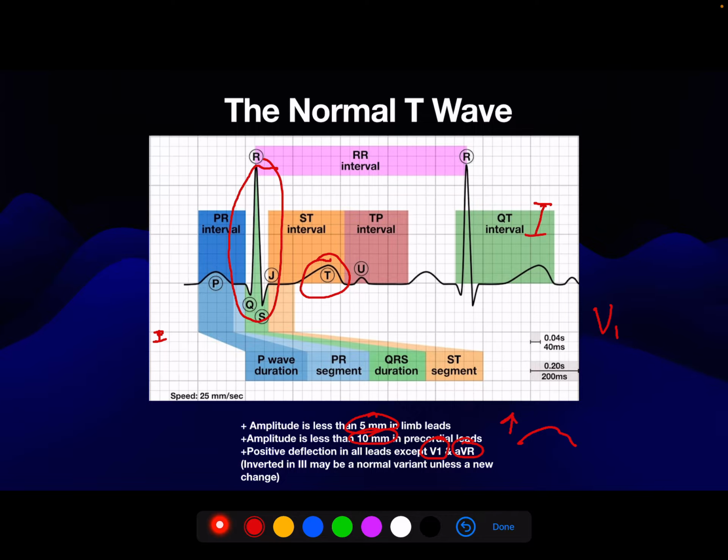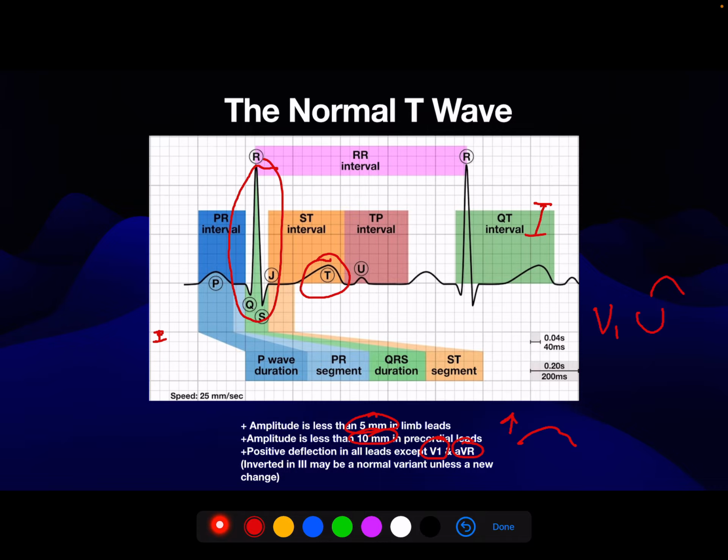And normally in V1, the T-wave should be negatively deflected. And if you see a T-wave that is positively deflected in V1, regardless of what's going on with the patient, that automatically should cue you into thinking, okay, there is a T-wave anomaly, and there are some differentials that I need to take into consideration.